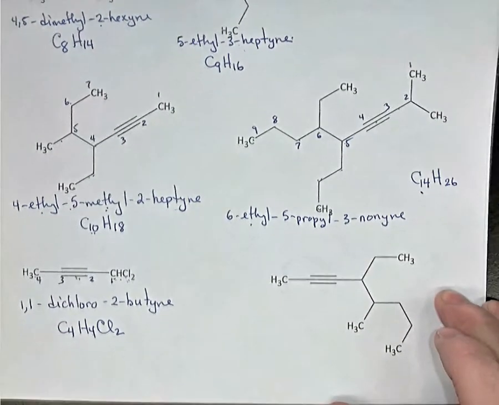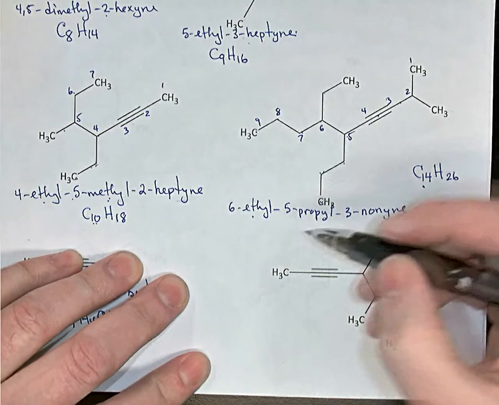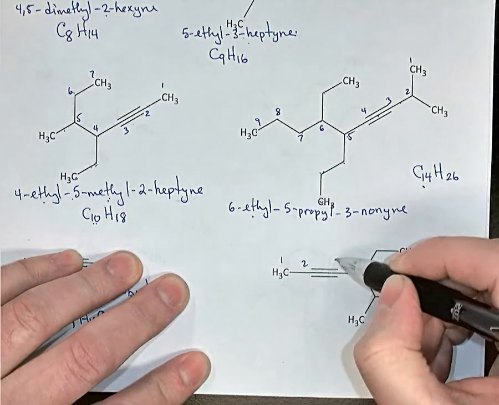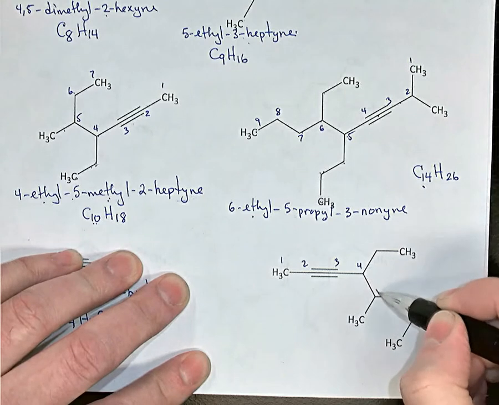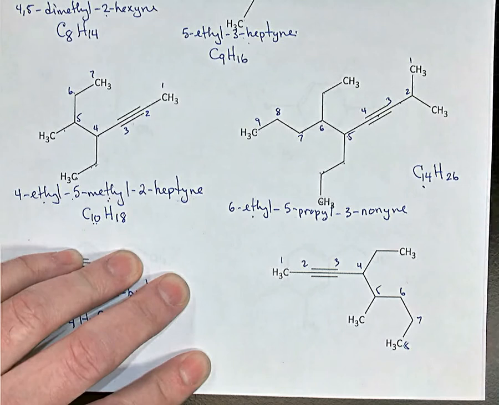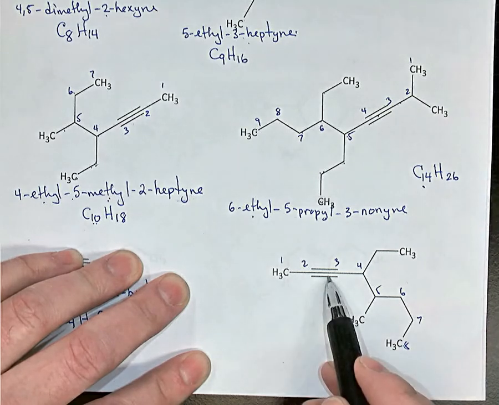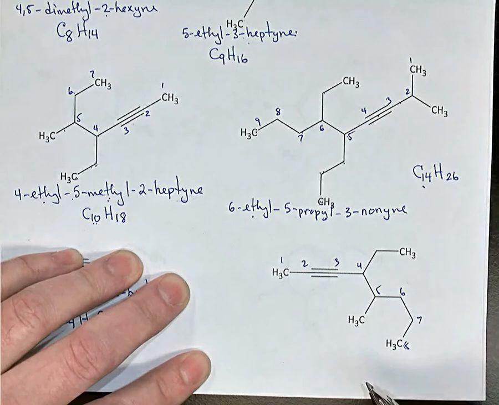All right, one more alkyne, numbering from the end closest to the triple bond, carbon 1, carbon 2, carbon 3, 4, 5, 6, 7, 8. So this is another octyne. It is the second bond, which is the triple bond, so it's 2-octyne.